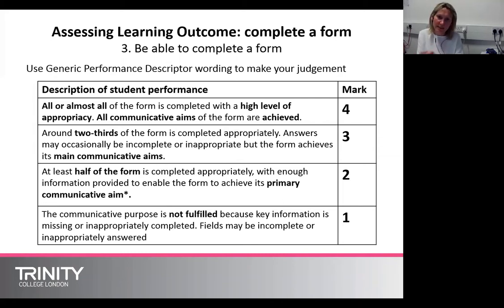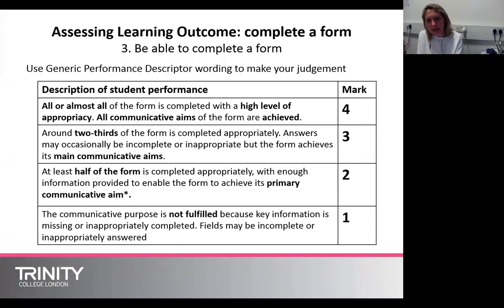So we're not only assessing this assessment criterion, we're also assessing the produced text ones. But for this one, if all or almost all of the form is completed with a high level of appropriacy, the candidate would be awarded 4 marks. 2/3 or around 2/3, 3 marks. At least half of the form, 2 marks.